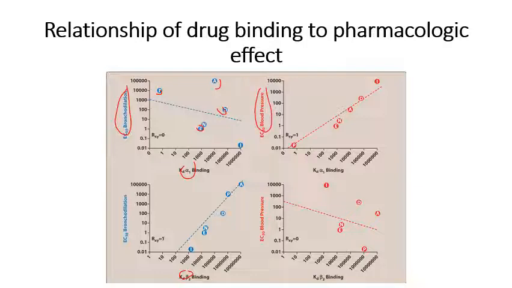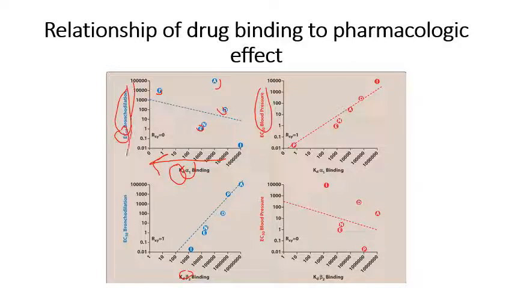The parameters that we are going to correlate are affinity as measured by the equilibrium dissociation constant. So a drug with the lowest value of equilibrium dissociation constant is the drug that has the highest affinity for the receptor. And for EC50, we are going to measure the physiological response by measuring EC50 again.